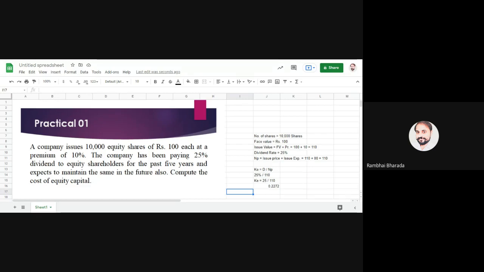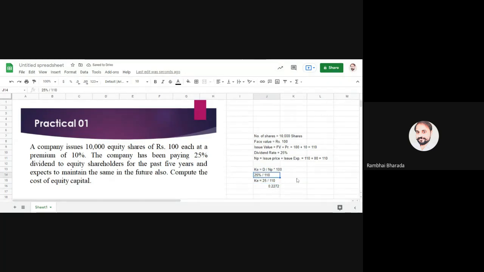Write down the amount of dividend, divided by NP. Whenever we find a cost of capital, we always find it in terms of percentage. For calculating that in terms of percentage, we need to multiply this formula by 100.